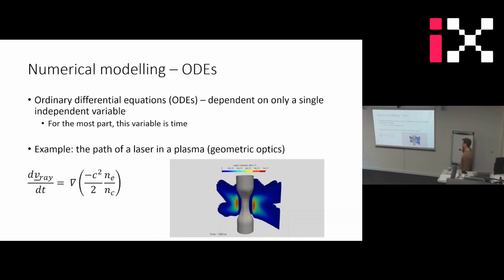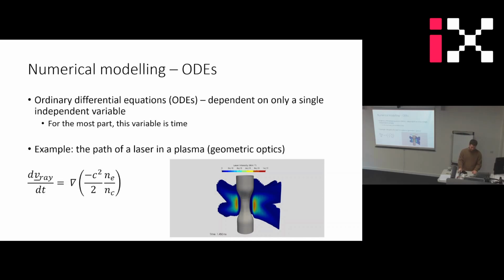The velocity of the ray is just a function of the gradient in the electron density. There's this rate of change, dv/dt, and this is an ordinary differential equation. Here's an example of that happening in all its glory, but the basis of it is just this equation here.